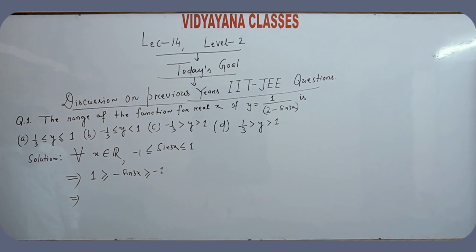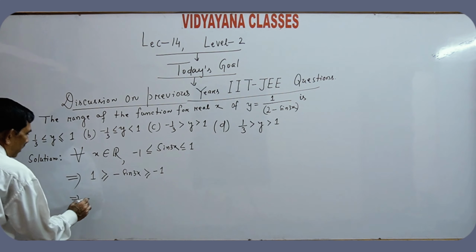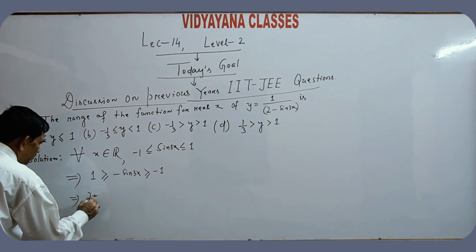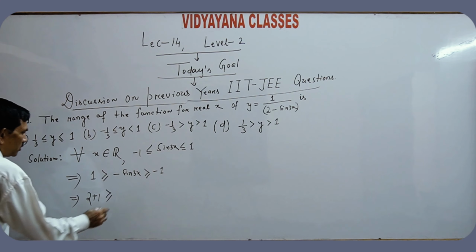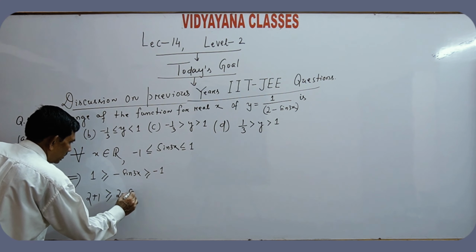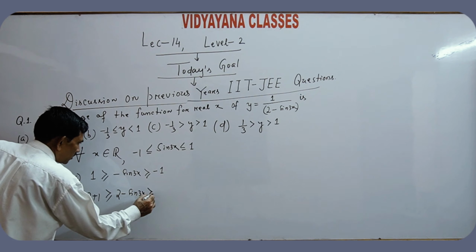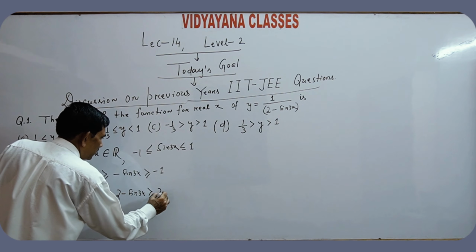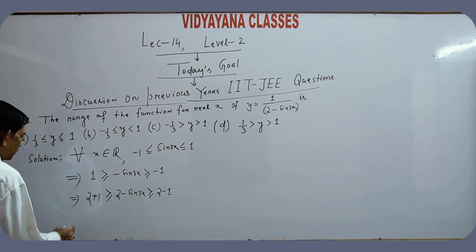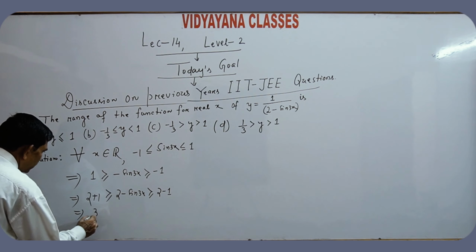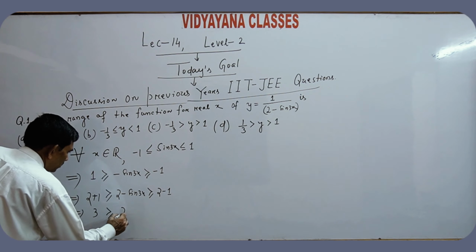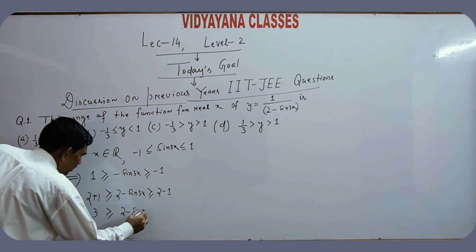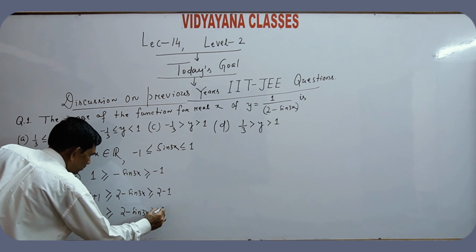Adding 2 everywhere, it gives 2 plus 1 greater than or equal to 2 minus sin 3x greater than or equal to 2 minus 1, which implies 3 greater than or equal to 2 minus sin 3x greater than or equal to 1.